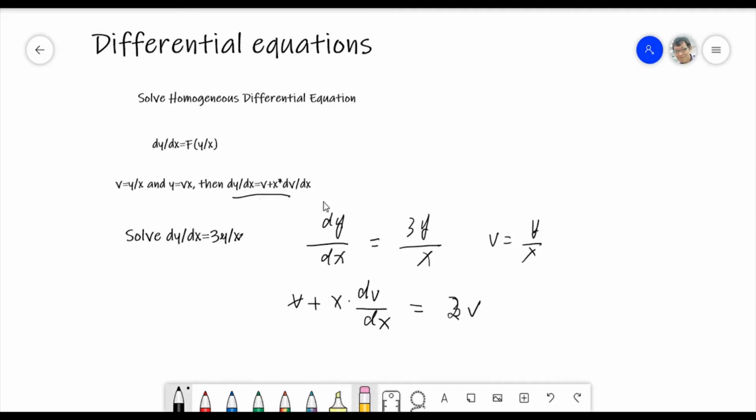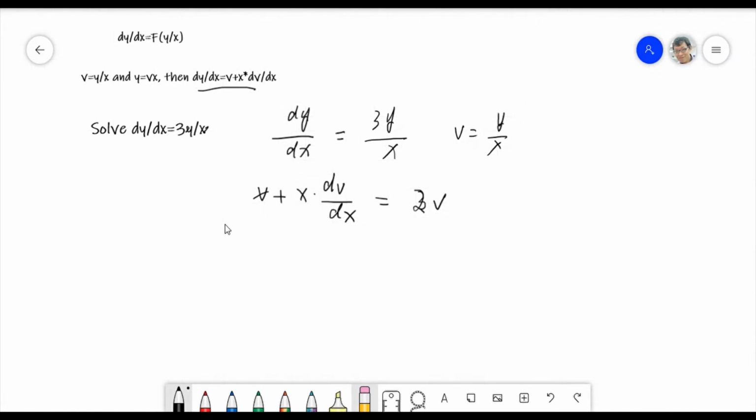Then what we're supposed to do is divide by v on the left side and divide by x on the other side. So dividing by 2v, it's dv over 2v equals dx over x, am I right?